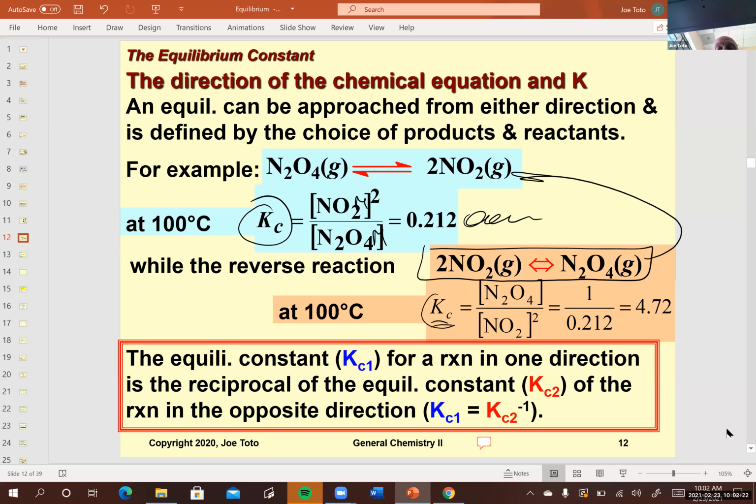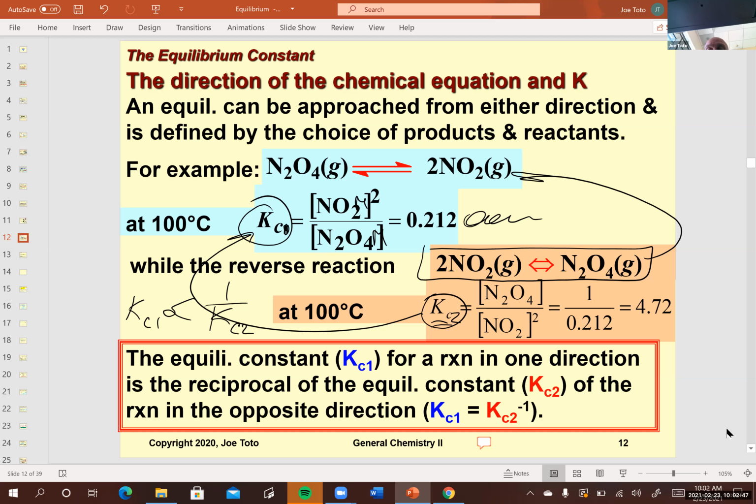This one is related to the first in an inverse way. If I called them Kc1 and Kc2, then Kc1 equals the inverse of Kc2.